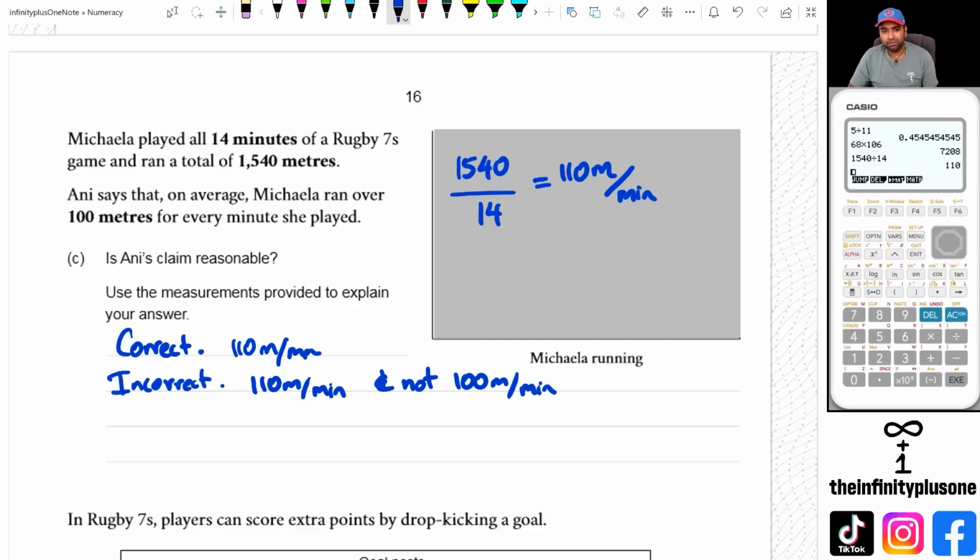So you can write both of these answers, but you have to have an explanation. If it's correct, you can say she predicted over 100 meters, and 110 meters per minute is actually over 100 meters. Or you can say incorrect because it's 110 and not 100. So, odd question, but both answers are correct as long as you justify it.